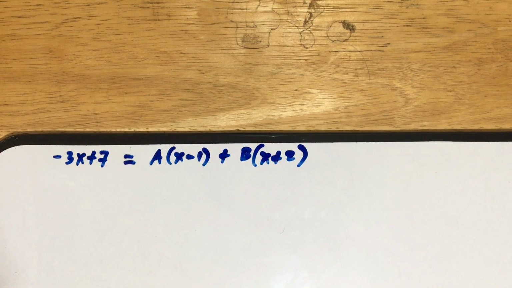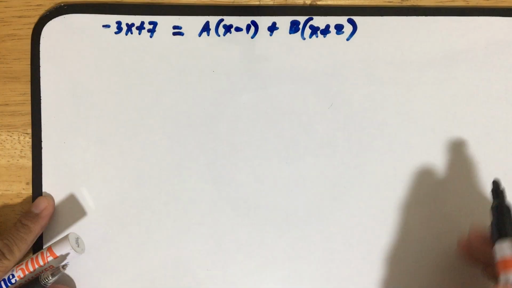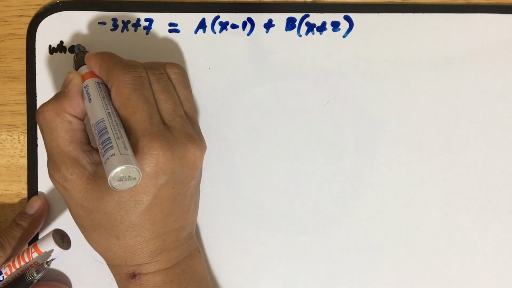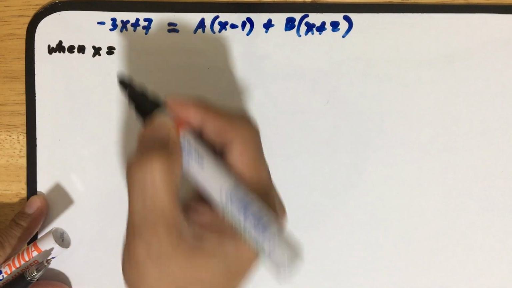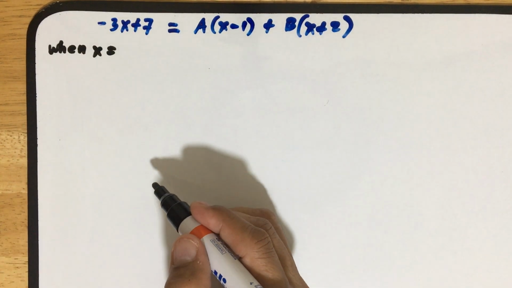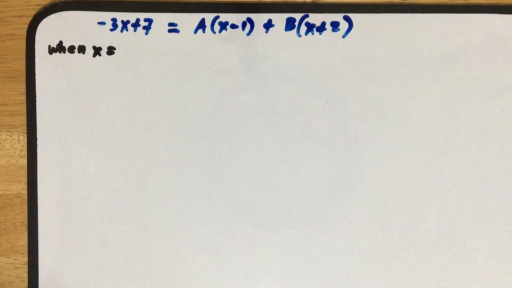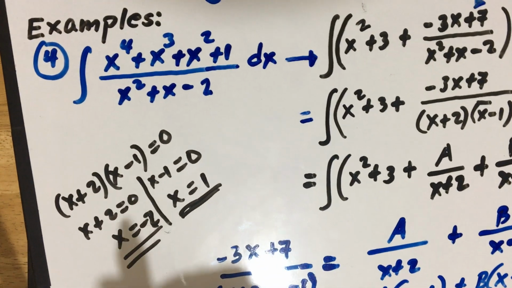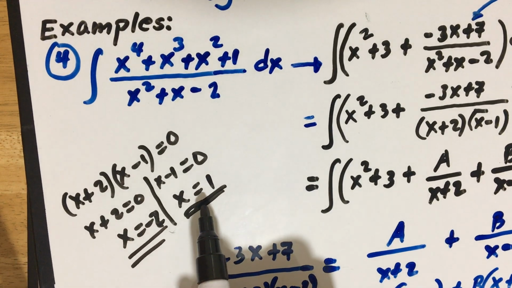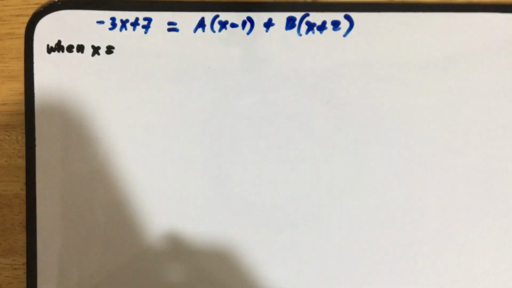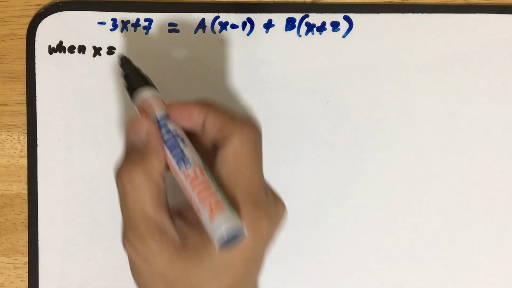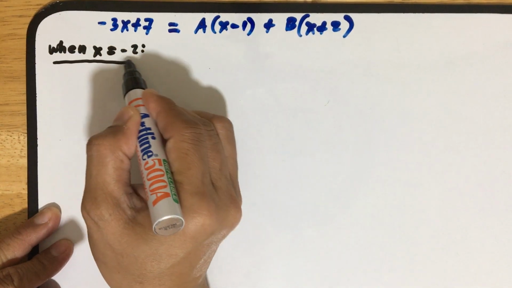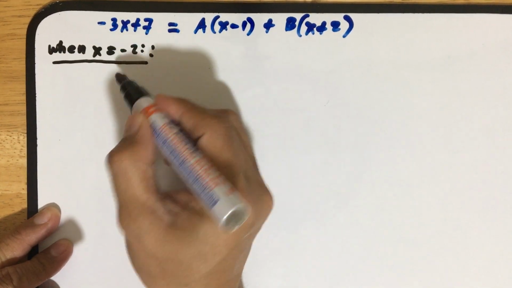From this equation, we have two values: x equal to minus 2 and x equal to 1. We'll start with minus 2. So when x equals minus 2, substitute this value in this equation.